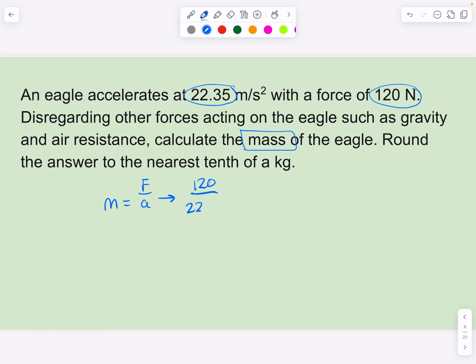Our acceleration is 22.35. And so when I do 120 divided by 22.35, I end up with 5.36. Because I want the nearest tenth, I'm going to look at the number next to the tenth, which is the hundredth place. It's greater than 5, so we're going to round up and make this equal to 5.4. And this is going to be mass, so kilograms there.